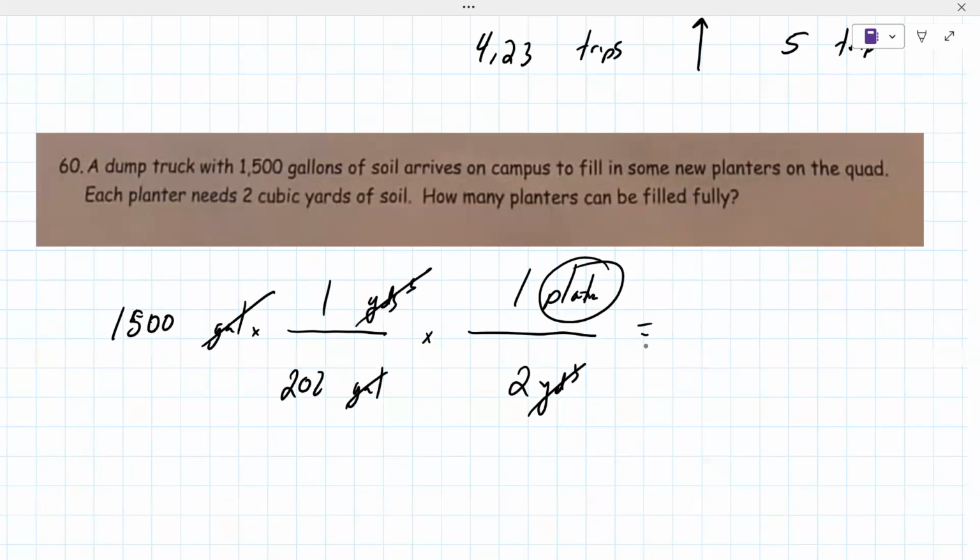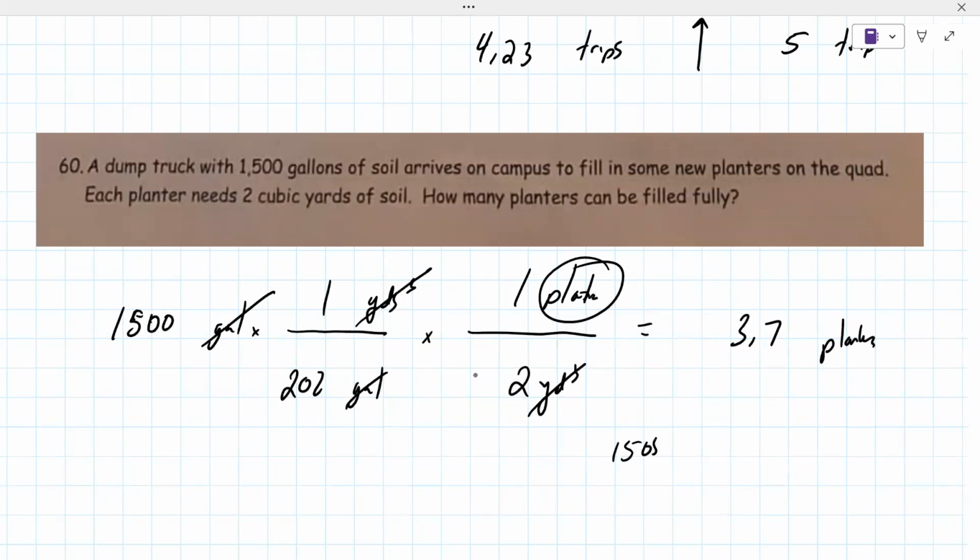Would I multiply 2 three times, or would I just leave it as two and multiply two with 202? You're dividing by two. Wait, so I don't multiply 202 by 2? Oh, you can. If you want to do that.